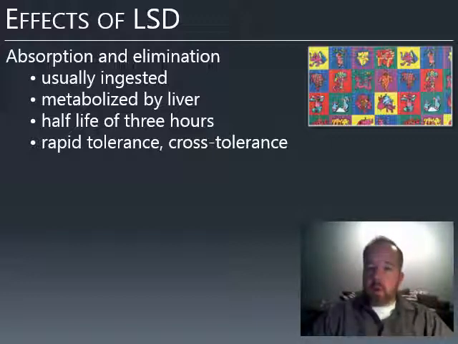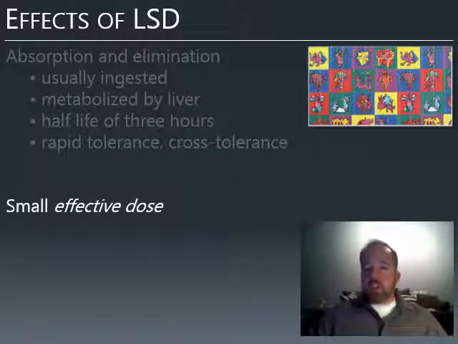After only a few uses, the person can be tolerant of it. The effects will be less for the same dosage. It also exhibits cross tolerance, which is a concept we talked about a while ago, where if someone uses LSD repeatedly, then they will be less sensitive to other hallucinogens as well, things like psilocybin.